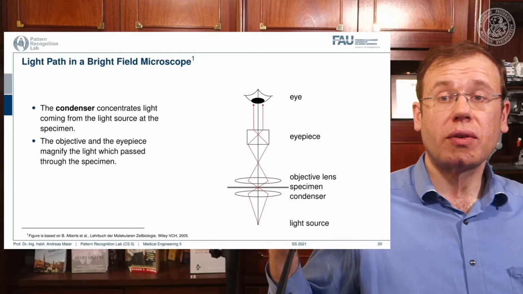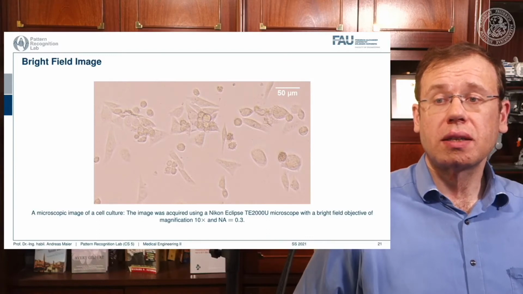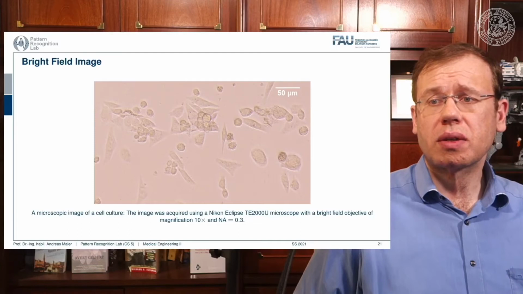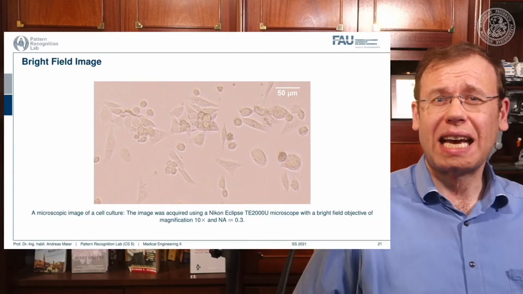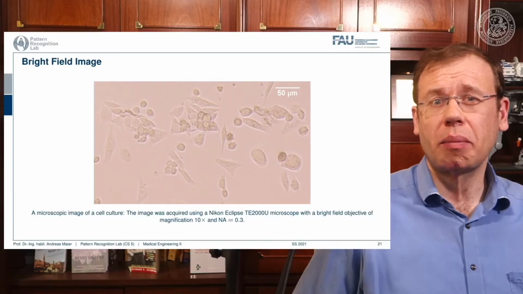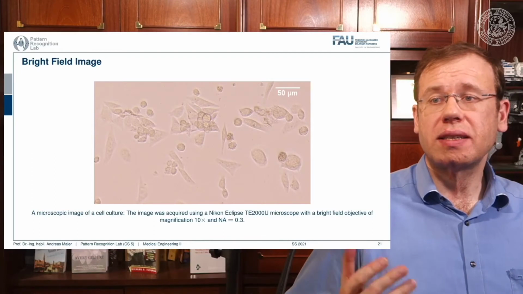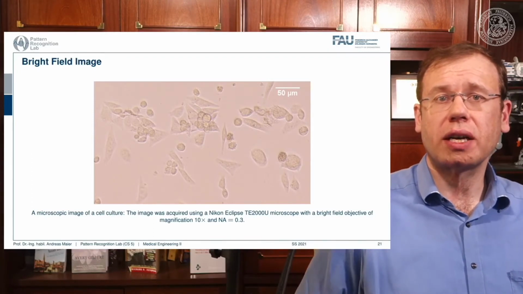And I do have an example here. So these are Brightfield images of a cell culture. This is actually acquired with a Nikon Eclipse microscope, and this is showing us CHO cells, so the Chinese hamster ovary cells, a very common kind of cell that is used in experiments. And you can see that they have different shapes, and we can try to figure out what's going on in those cells.